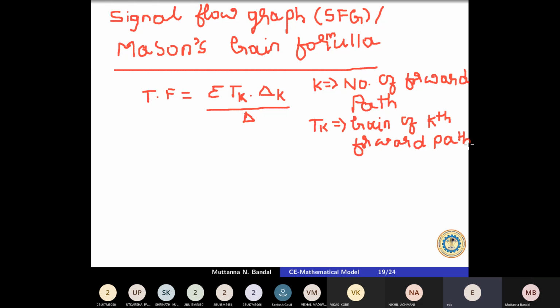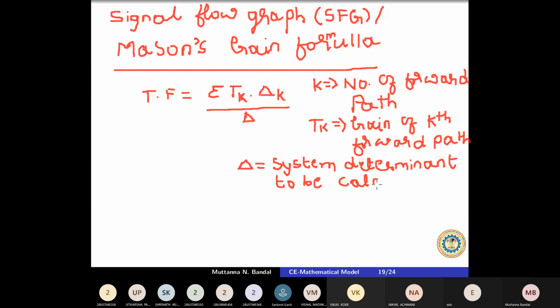This is the gain of the kth forward path, and delta is equal to the system determinant that has to be calculated as below.